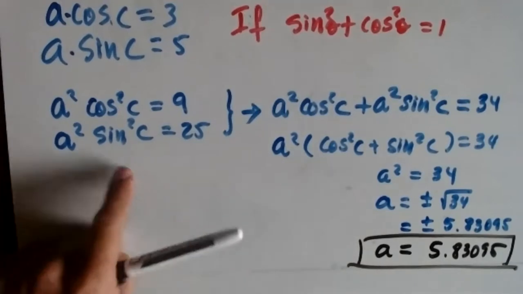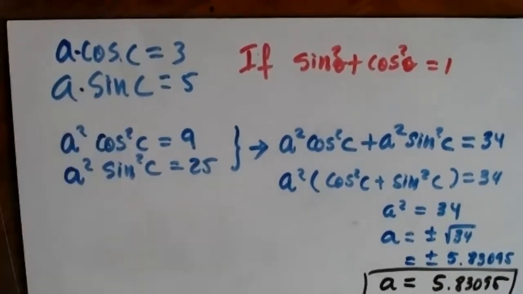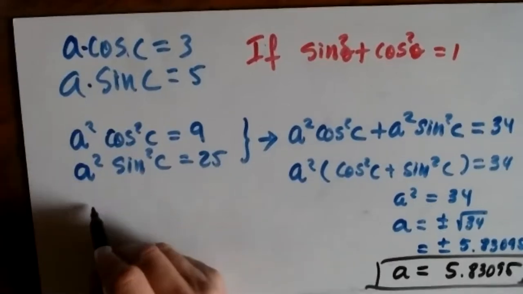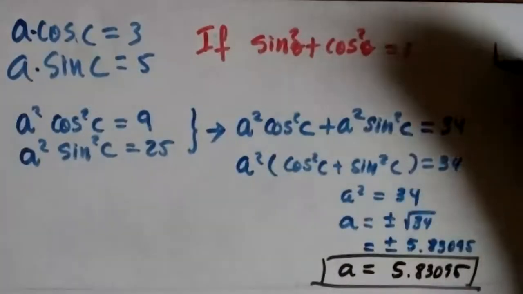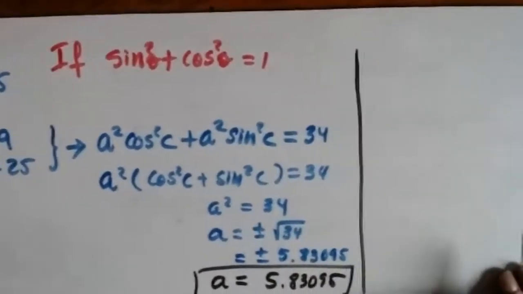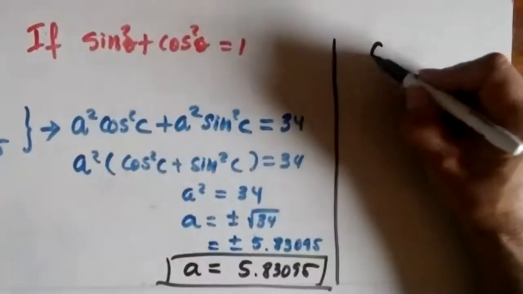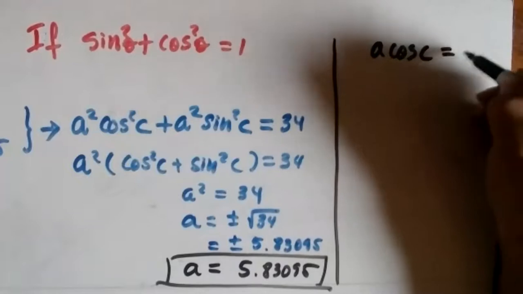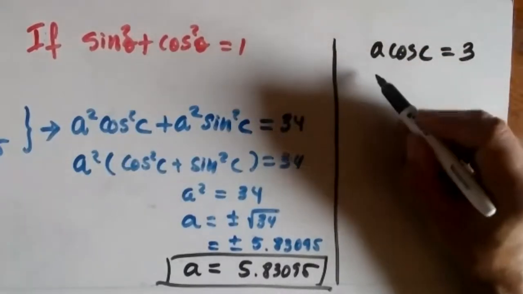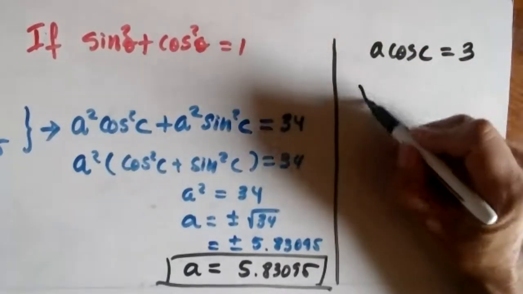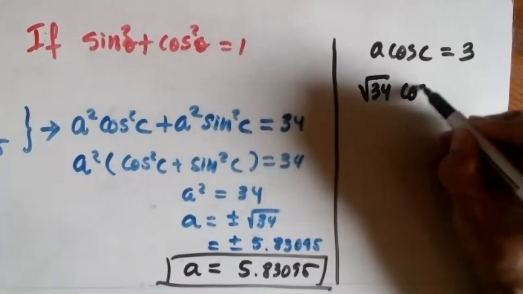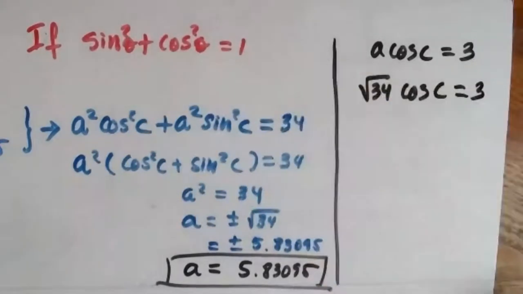Z. Okay, I'm going to use these equations to find Z. So in this case, let me just use this portion of the board right here. It's going to be A cosine Z equals 3, or the same, the square root of 34 cosine of Z equals 3.